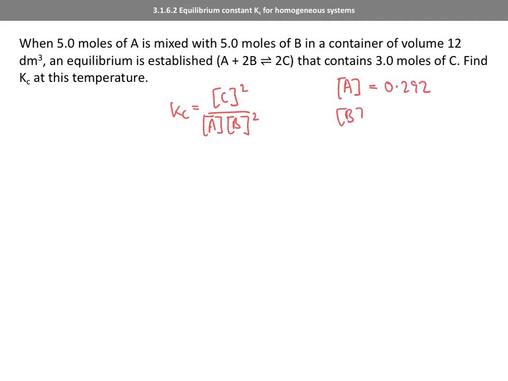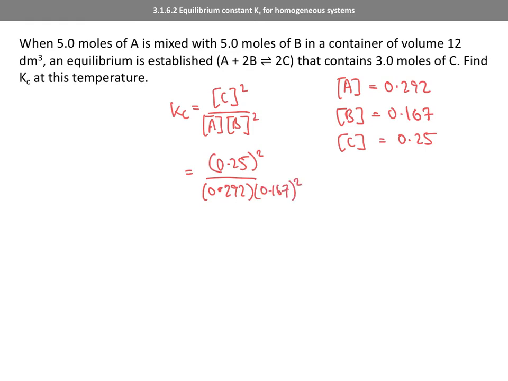B concentration equals 0.167, and then C is 0.25. So now we put those numbers in. So we get 0.25 squared over 0.292 times 0.167 squared, and that equals 7.7.